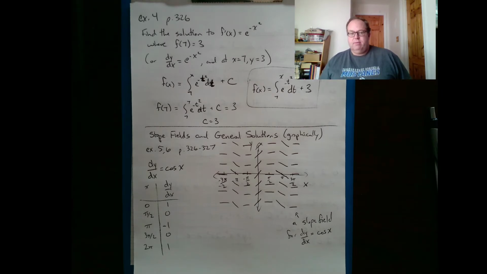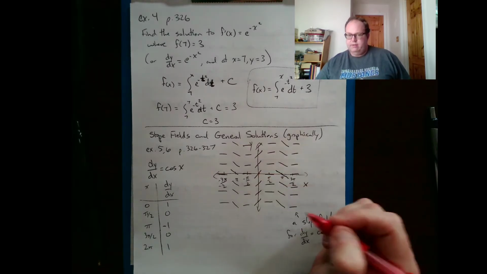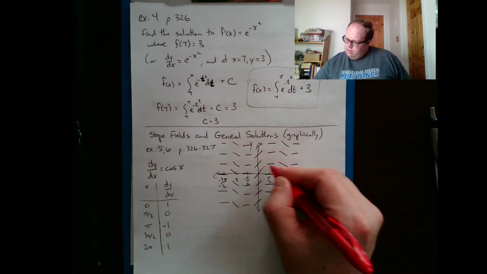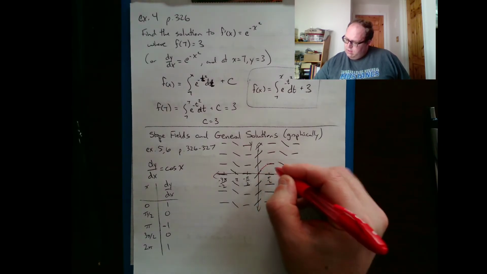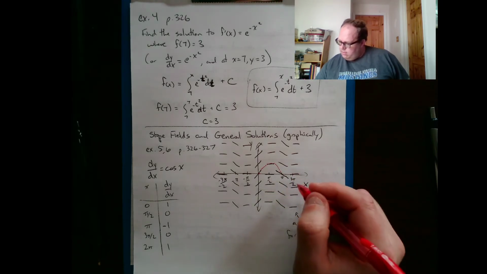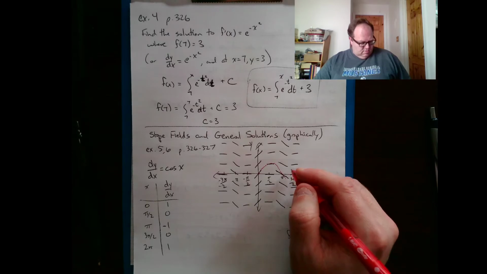Now, I can actually make something that looks like a general solution from this. I'll do that in red. So if I start at a point here, and I sort of follow along up to the next little line segment that I run into, you get that part right?